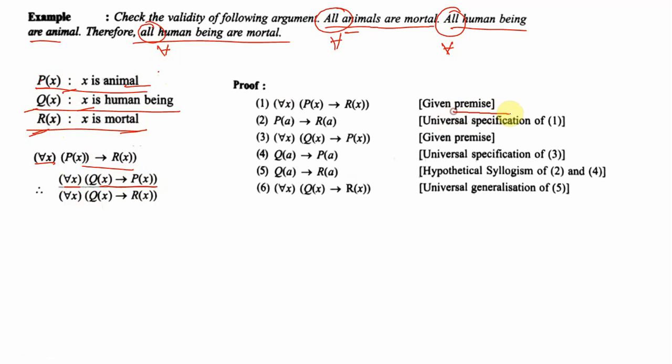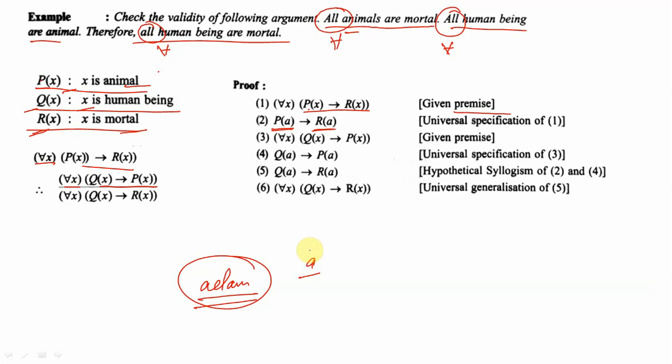So this is the given premise. Let's once again take Adam. Let's say Adam is a person whom we are talking about here, denoted by A. P of A implies R of A. If I say all animals are mortal, let us say Adam is an animal, so Adam is mortal.